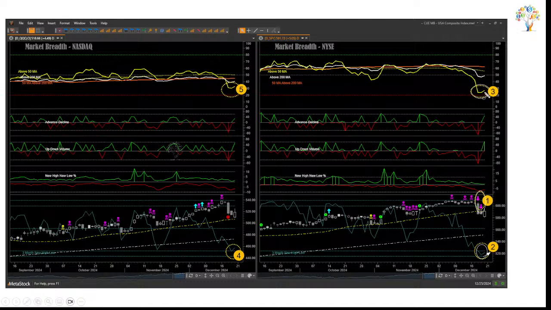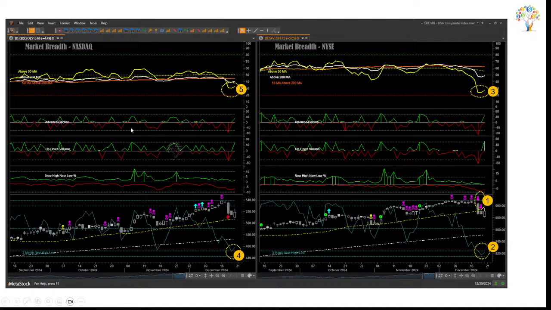Percentage of stocks above 50-day moving average not at oversold level yet, and for Nasdaq 3-month new high low hit the extreme oversold condition, but percentage of stocks above 50-day moving average did not hit oversold condition. There was no Phoenix or heavy selling at the top in Nasdaq. It shows NYSE fell more sharply with Phoenix signals. It is more oversold looking than Nasdaq. None allows buying as there is no Eureka or accumulation count.